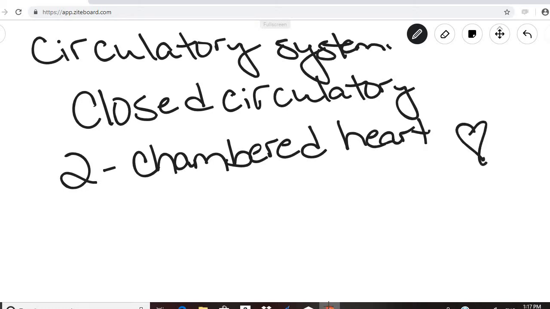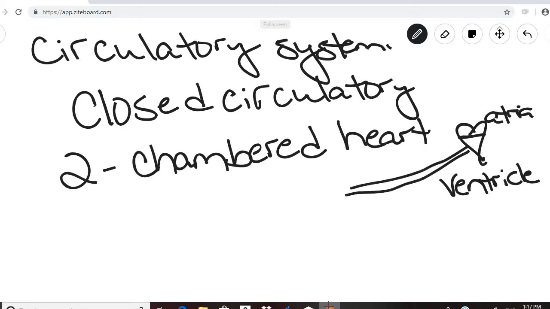Their heart is just divided into an upper chamber and a lower chamber. The upper chamber is called the atria, and the lower chamber is called the ventricle. But when the blood leaves the heart, it leaves via blood vessels, and is brought back to the heart by blood vessels. Okay, so it's not an open circulatory system where the blood is just dumped. It's carried away in arteries and brought back in veins.